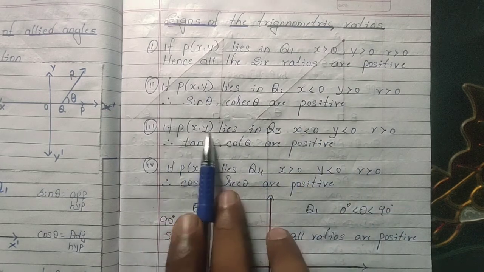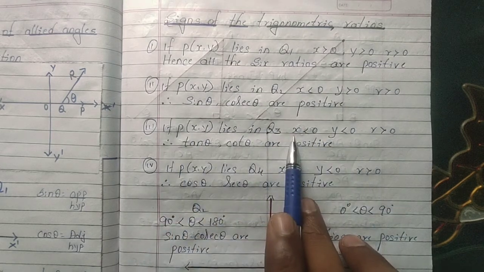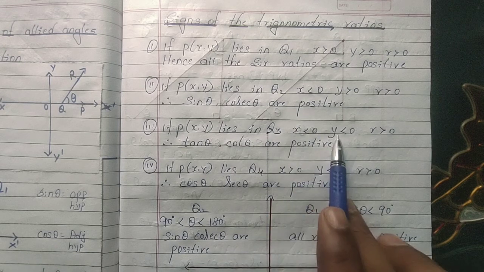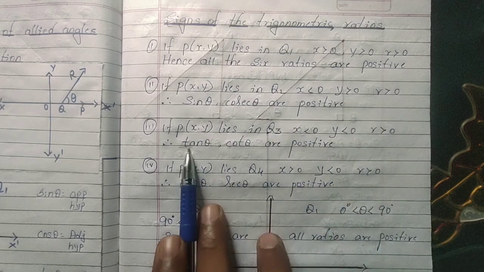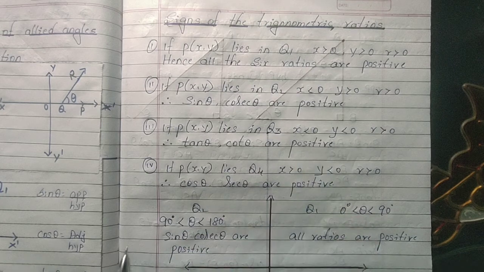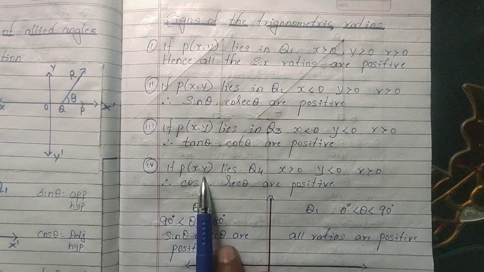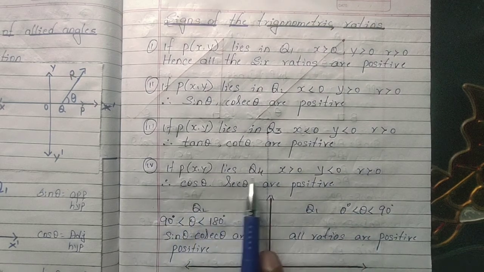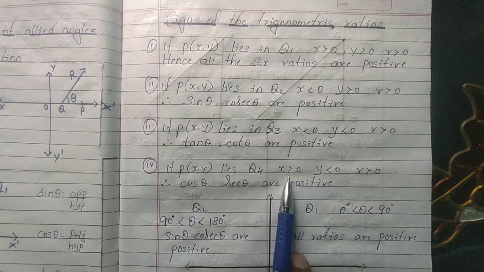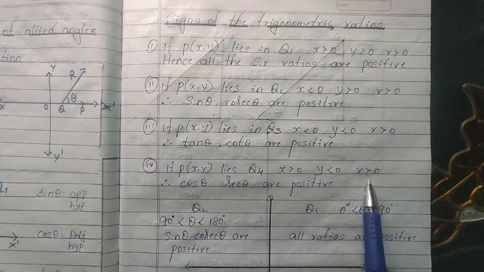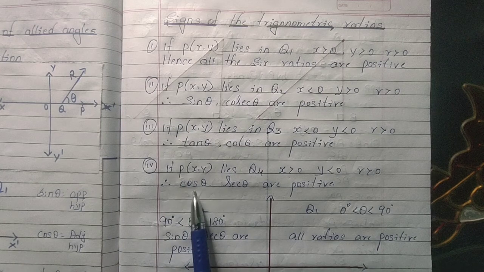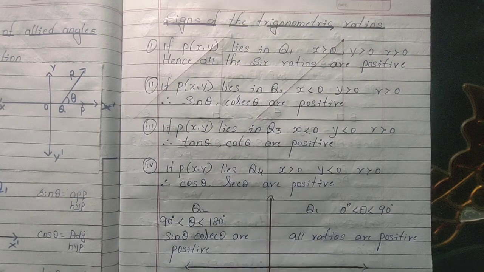Suppose the point P(x, y) lies in quadrant 3, x is negative, y is negative, r is positive, then tan and cot only are positive. If P(x, y) lies in quadrant 4, x is more than 0, y is less than 0, r is more than 0, therefore cos and secant are positive.